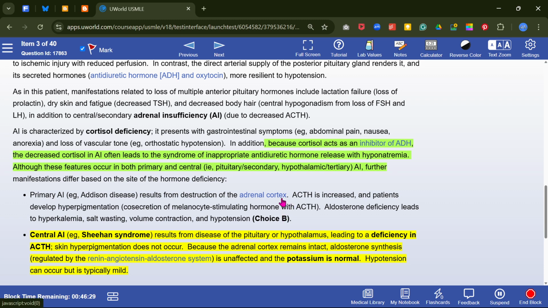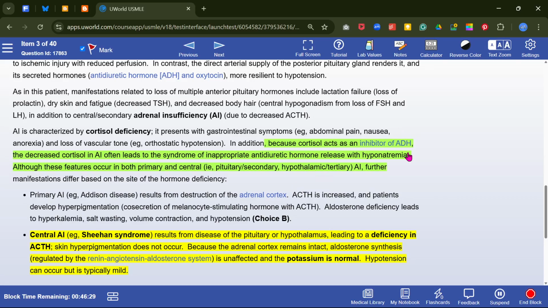In central adrenal insufficiency, like in Sheehan syndrome, it results from disease of the pituitary or hypothalamus leading to ACTH deficiency. So skin hyperpigmentation does not occur, because there is no ACTH, so there is no co-secretion of MSH.